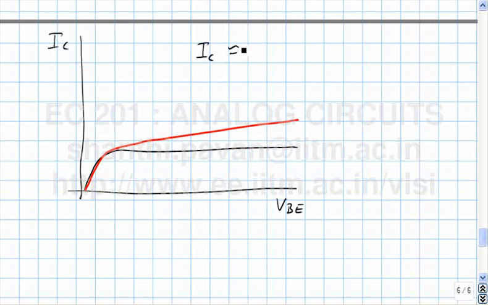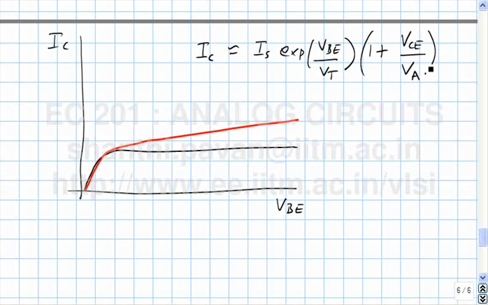We model the slope by a hack, it's exponential VBE by VT times 1 plus something similar to lambda VCE. In the bipolar literature you don't call it lambda, but you call it 1 over VA. VA is called the early voltage.